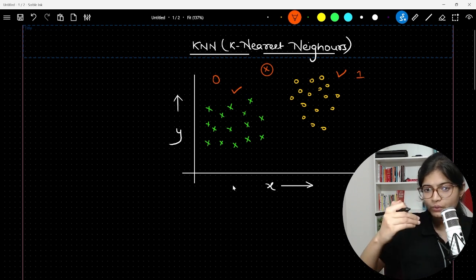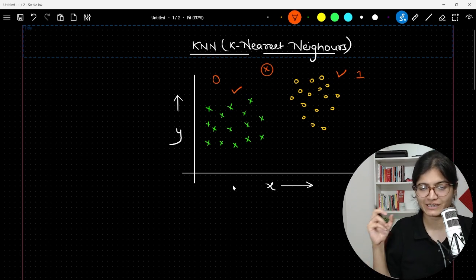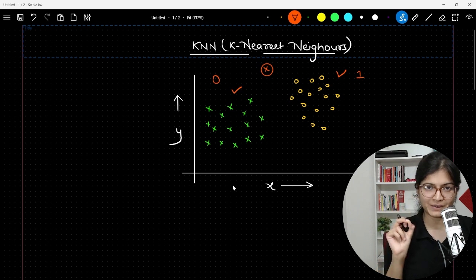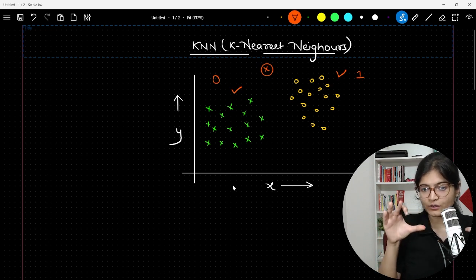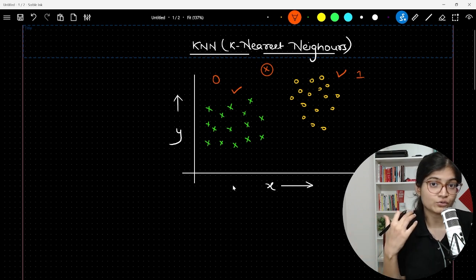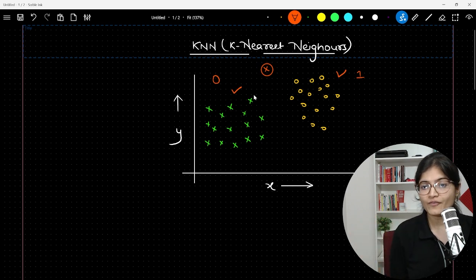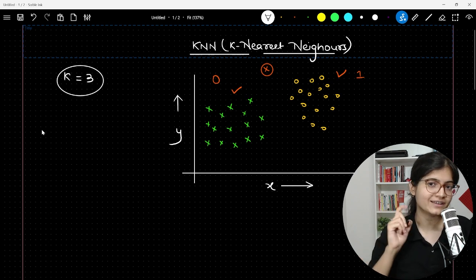Now, when a new patient record comes into the picture having similar features, and we allocate a space of X and Y to that new data point, the new test data, this new data point is not aware whether it is 0 or 1. So we need to do a classification task here. When I say K value is, let's say, 3, K as 3, it means this new data point will focus on its 3 nearest neighbors.